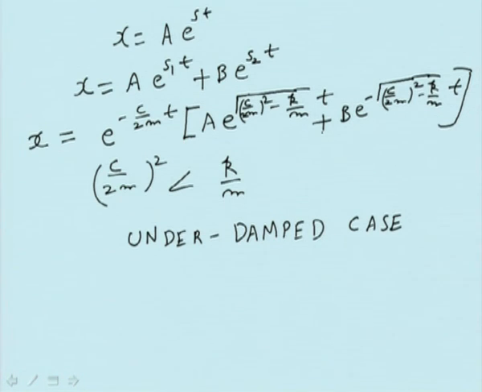So the exponent becomes plus minus under root k by m minus (c by 2m) whole square, times i, an imaginary number.